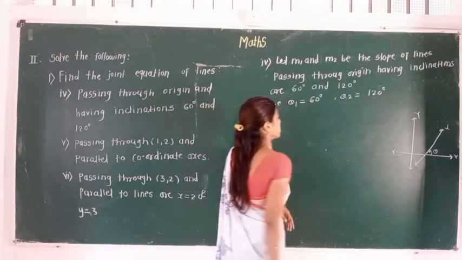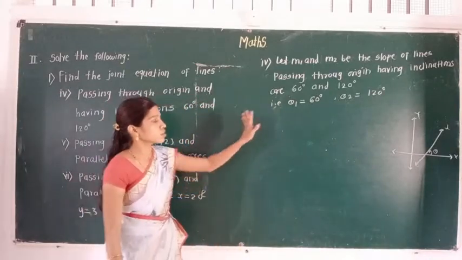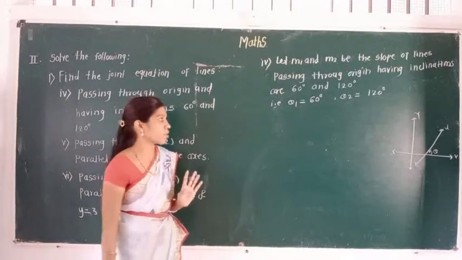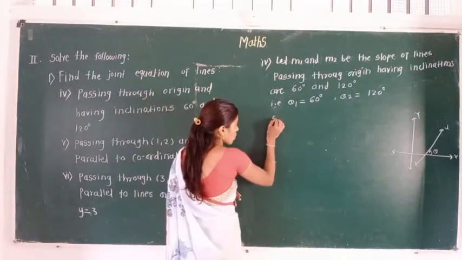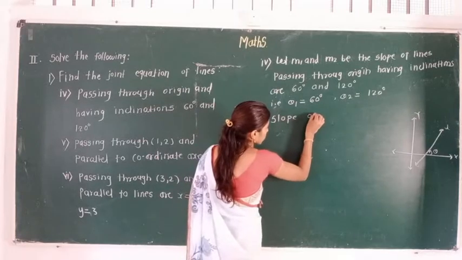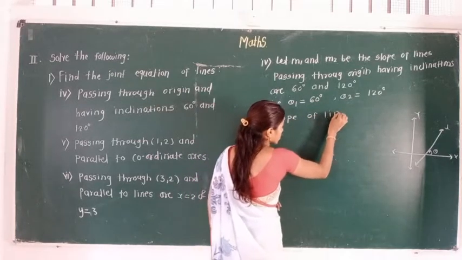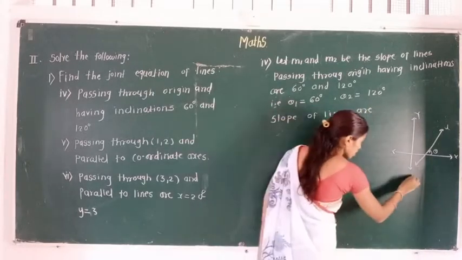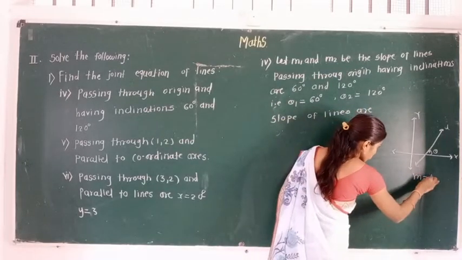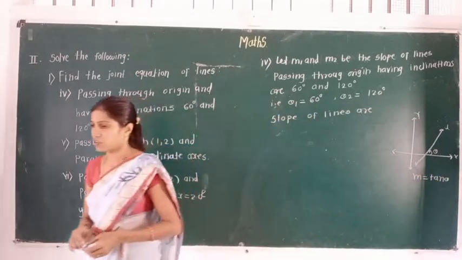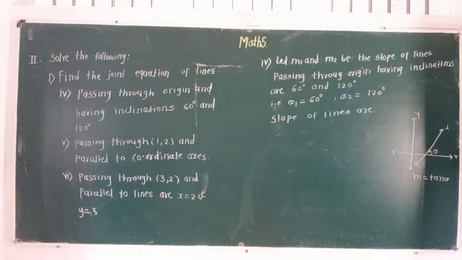So using the inclination, first of all we have to find the slopes of the lines. We use the formula m is equal to tan theta, and tan of inclination is the slope of the line.